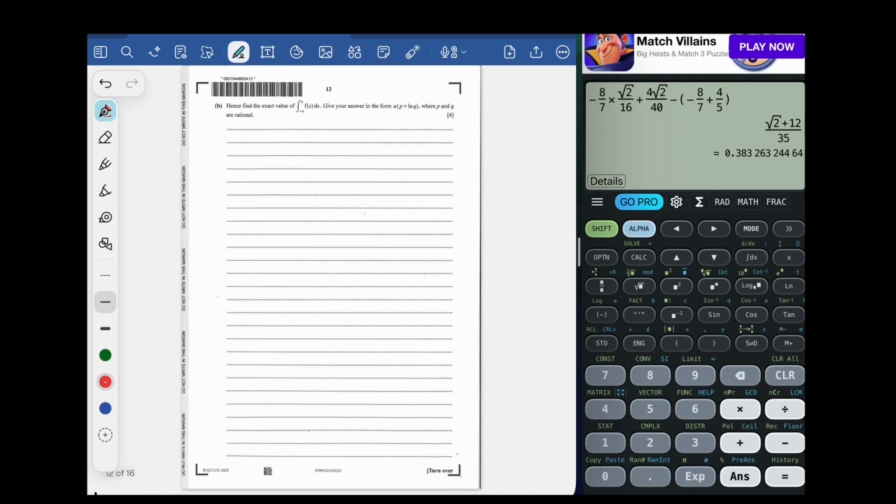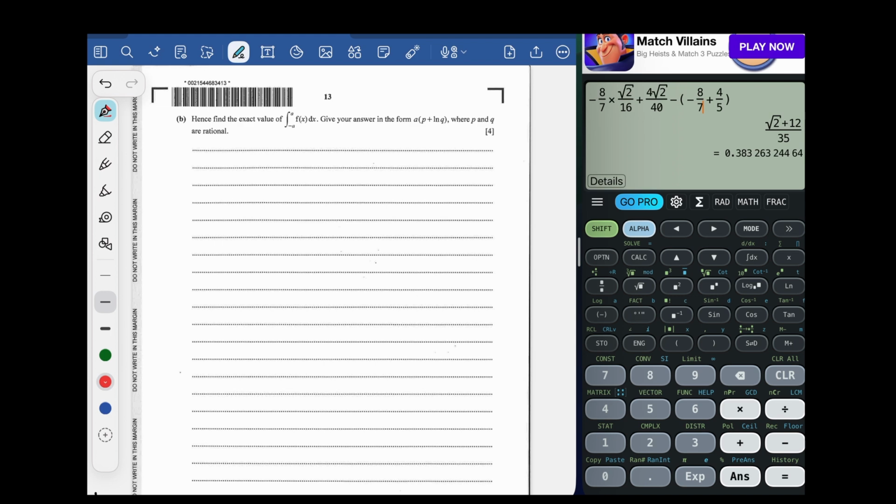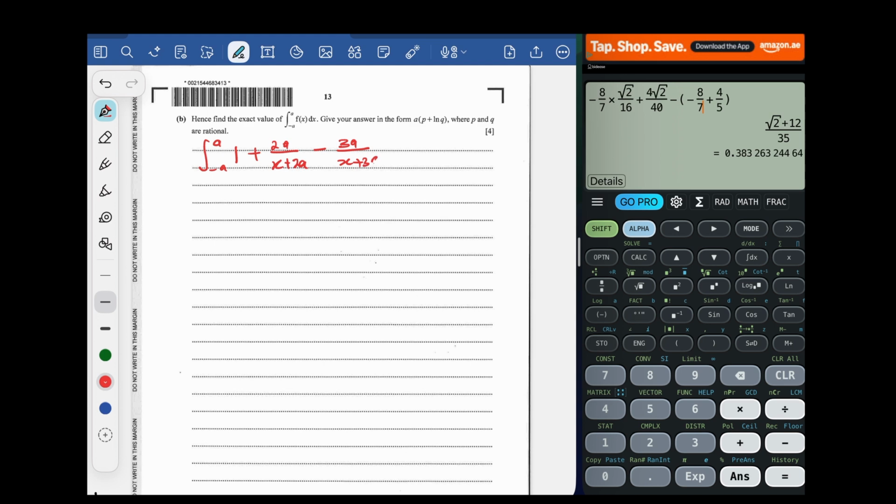All right. Now, for part B, we were told to integrate this and give your answer in this form. So how do we integrate this? We're integrating from minus a to a of 1 plus 2a over x plus 2a minus 3a over x plus 3a, with respect to x.